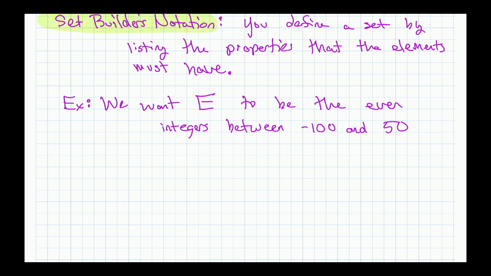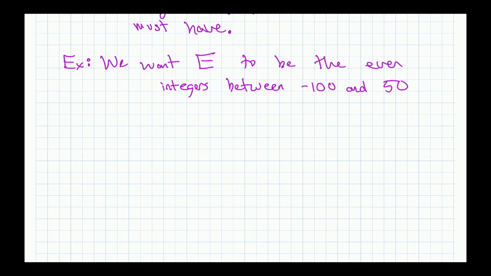Okay, so some even integers, right? So how would we write that? You do write it a little bit like the roster notation. So you do start out by saying E equals, and we still use the curly braces.